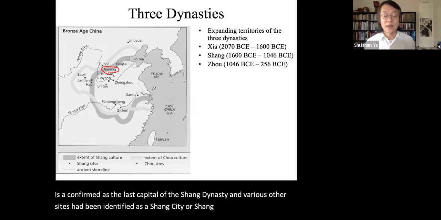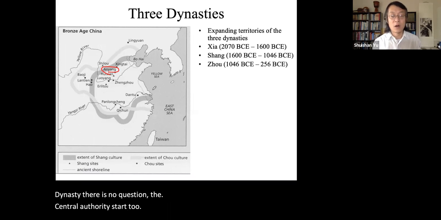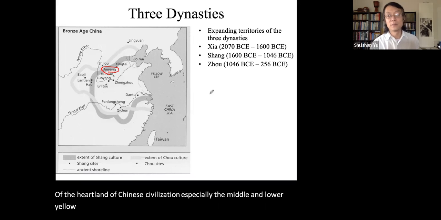So since Shang Dynasty, there is no question, you know, the central authority start to be more and more exerting itself to the control of the heartland of Chinese civilization, especially the middle and lower Yellow River area.